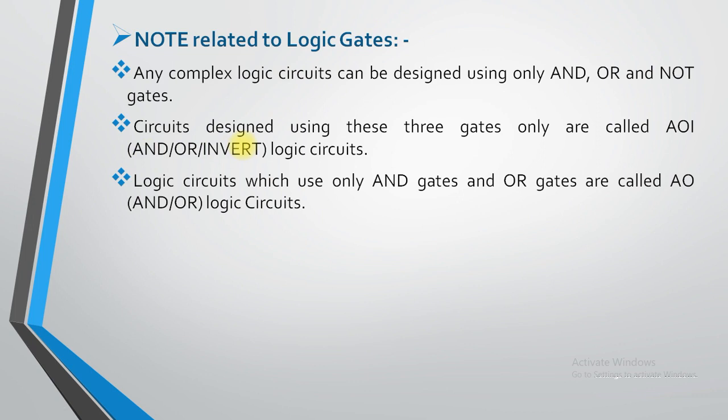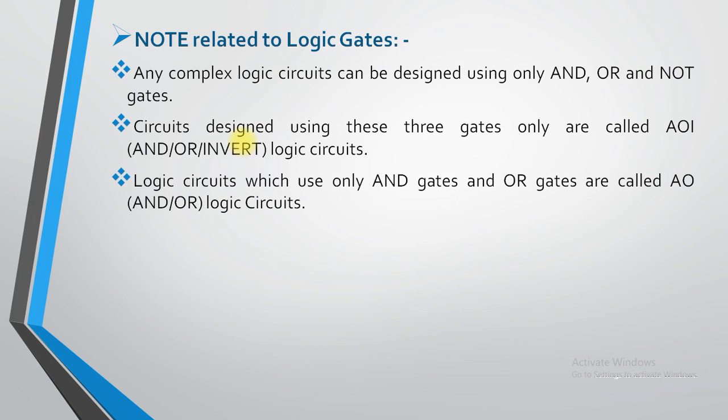Suppose there is no NOT gate present in a circuit, that means the circuit is based only on AND and OR gates, that circuit is known as an AO logic circuit. So these are the three points related to the basic logic gate. Number one, you can design any complex circuit using AND, OR and NOT gates.